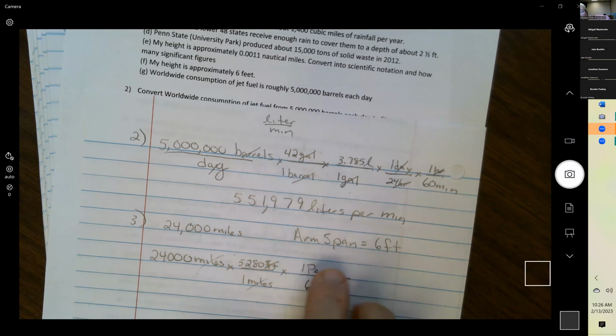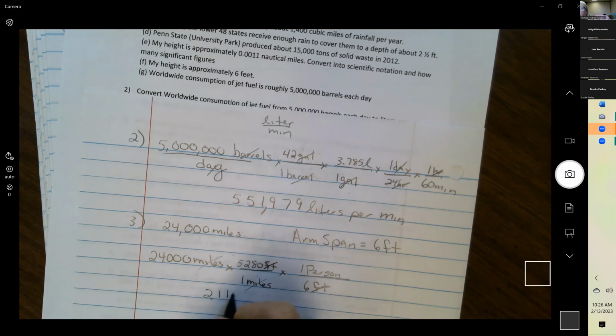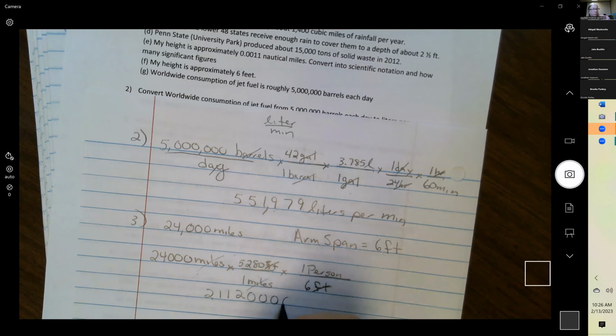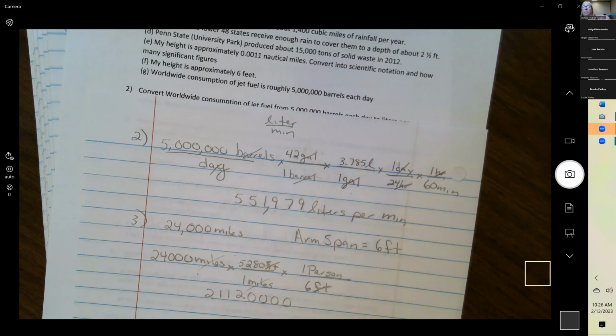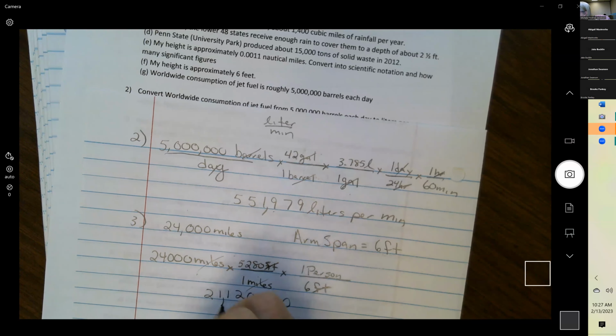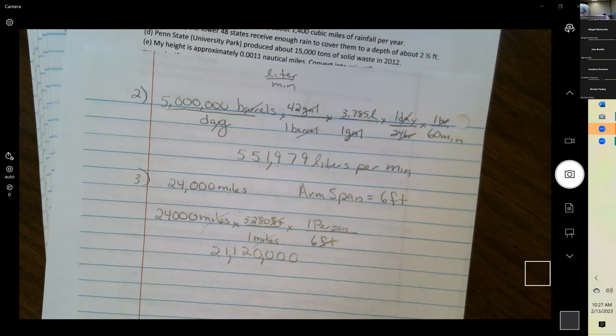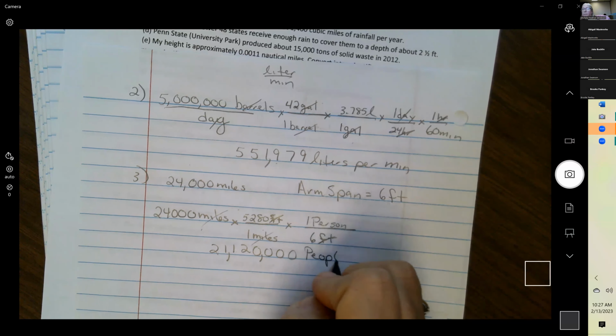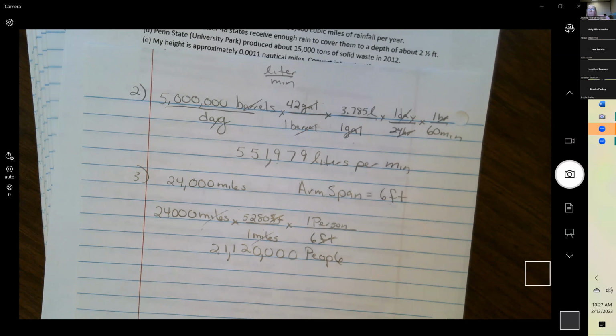So if we calculate it, it'll tell us how many people. So 21 million people.